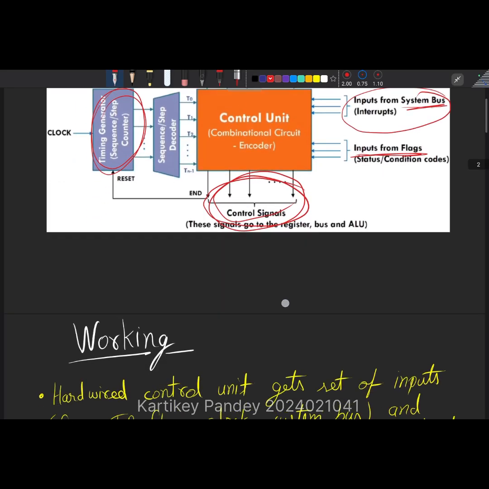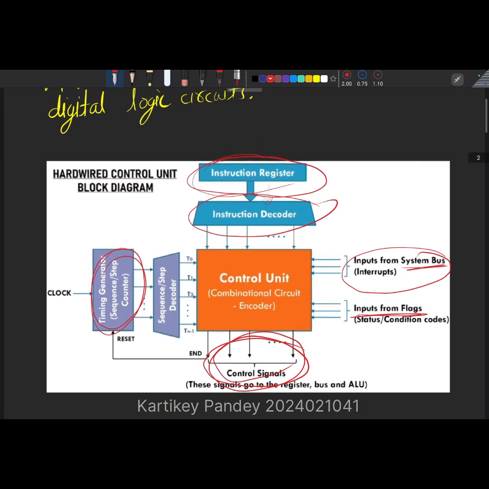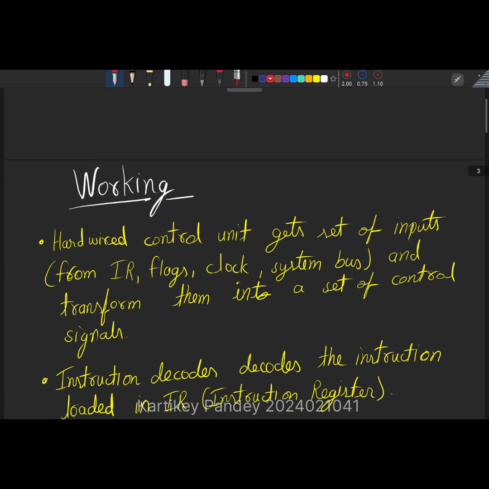Let's discuss the working of this hardwired control unit in detail. A hardwired control unit gets a set of inputs from the IR, which is the instruction register, flags, clock, system buses, etc., and transforms them into a set of control signals.